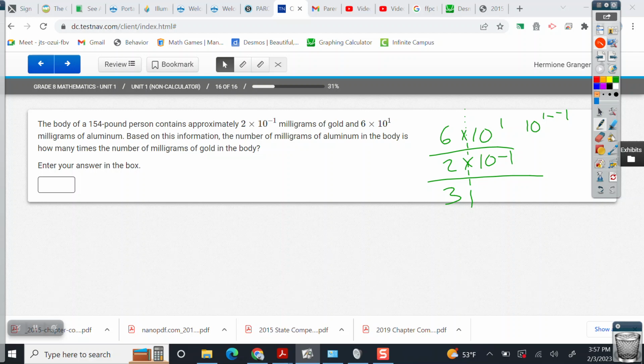So we have 10 to the second. 10 to the second is 100. So times 100. What is 3 times 100? Well, that would be 300. So I know that there's 300 times more aluminum, sorry, for you Brits out there, aluminium, than there is gold in the body.